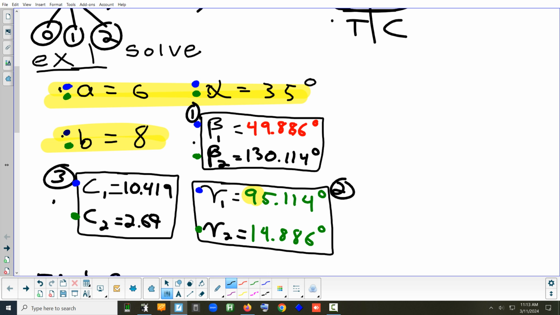That's it. There's your two triangles. So each answer here would count as its own answer. That'd be 6 different answers, so that'd probably be worth quite a few points. Any question on the 2 solution?